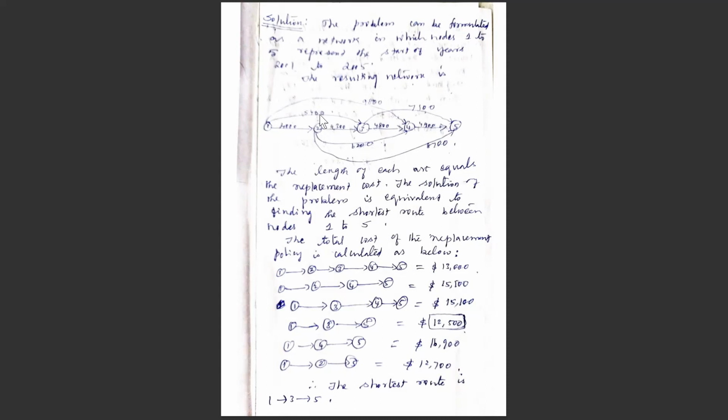The costs are displayed on the arcs. The length of each arc equals the replacement cost. For example, the length of the arc 1 to 2 gives the replacement cost, $4,000, and similarly for other arcs.